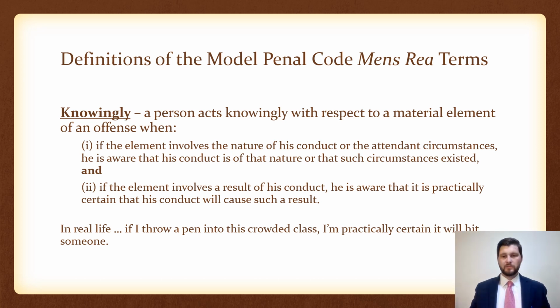I know that it's very, very likely that it's going to hit one of you. Did I intend to hit one of you? Maybe not. Maybe I threw it in frustration because my PowerPoint wouldn't work. But I know that it is practically certain that it's going to hit one of you. That's knowingly, okay? Even if I didn't intend, even if it wasn't my purpose to hurt one of you. So hopefully you can see the difference between doing something purposefully and doing something knowingly.